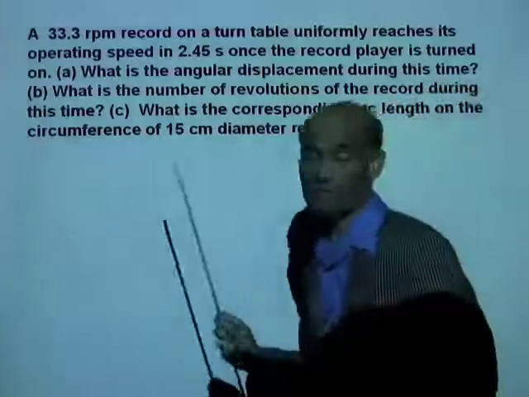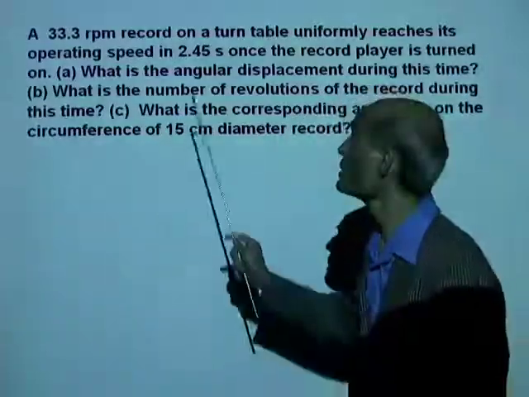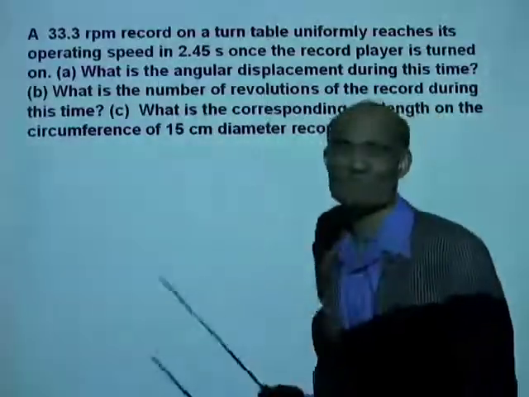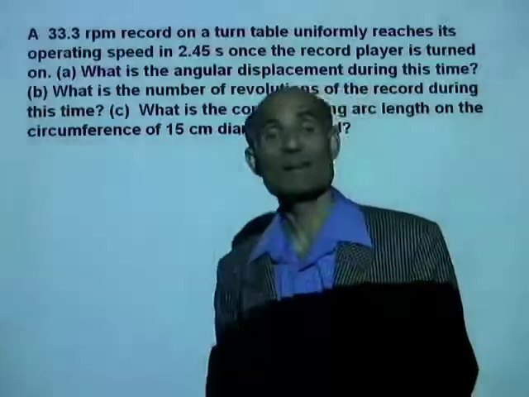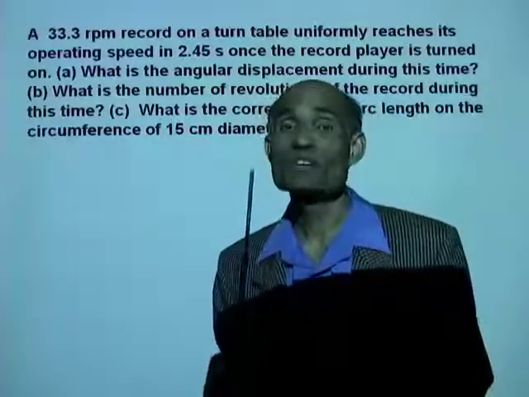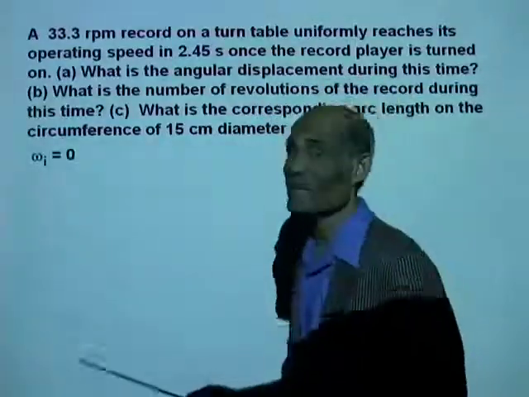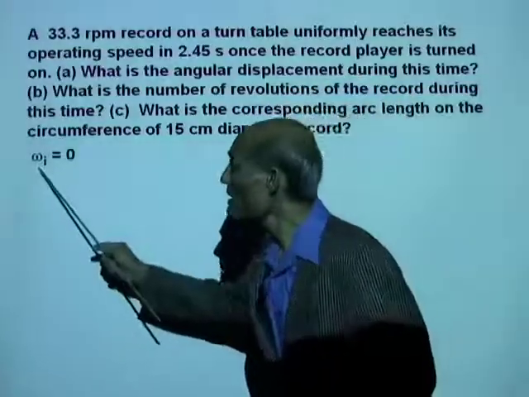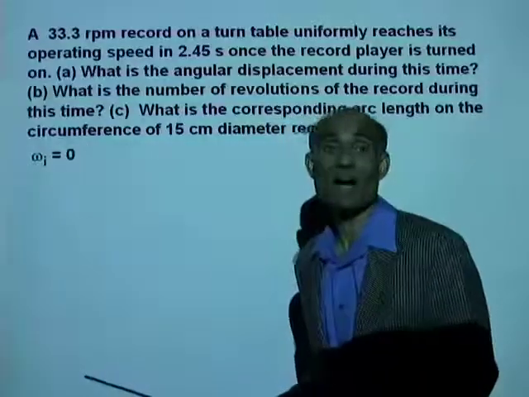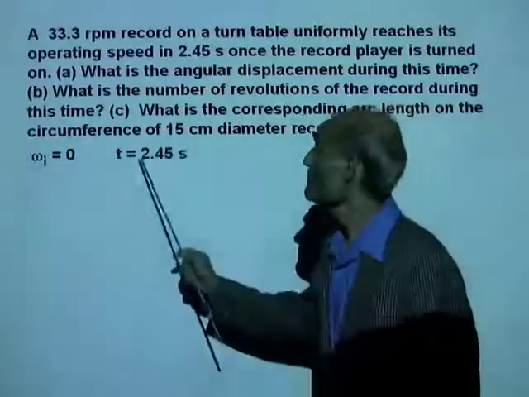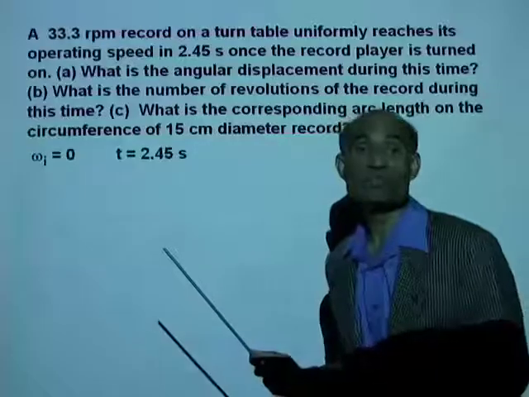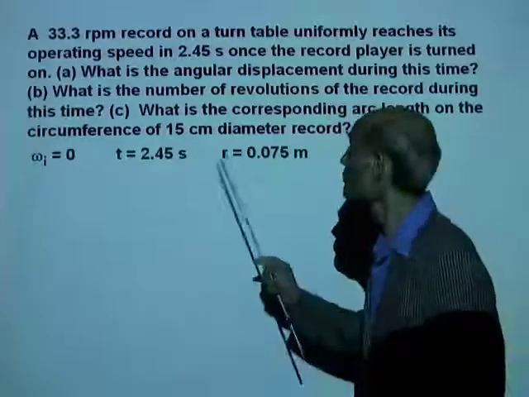Alright, first of all, we need to find the angular displacement. Well, that means we need to find the angular acceleration. So, let's pick our data. Initial angular velocity omega i equal to 0. t is 2.45 seconds.